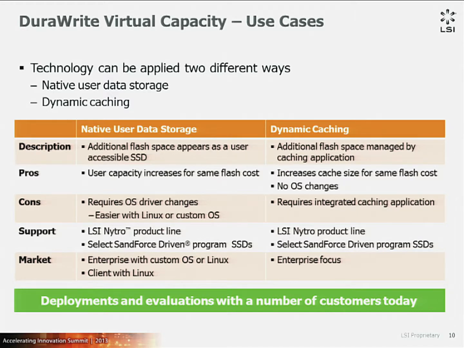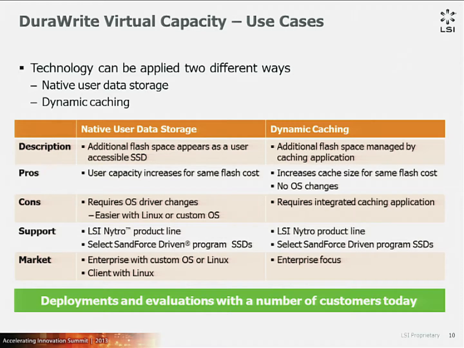Now, if we look at dynamic caching, this again is the configuration where the additional flash space would be managed by the caching application itself. So that means the user doesn't see this as a drive or device, it's only seen by the caching application.